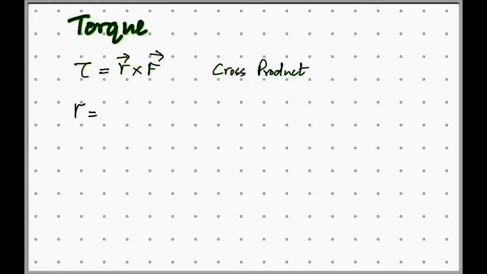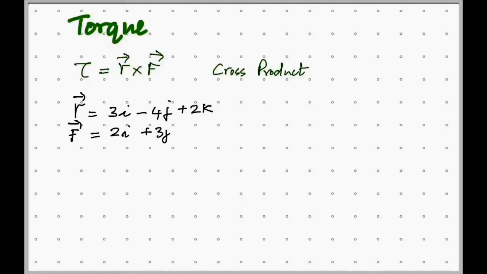Can you do a quick example? Oh goodness. Okay, I can. It's just like taking a determinant of a matrix. It is, kind of. So let me give R as 3i minus 4j plus 2k. That's the position vector, and the force vector is 2i plus 3j minus 5k, for example, and you're asked to find the torque.